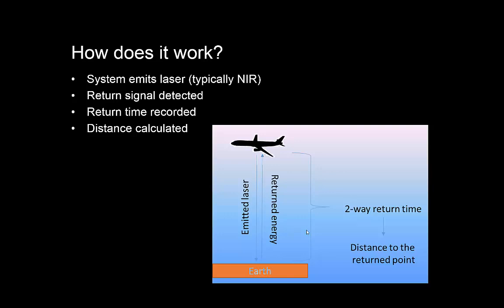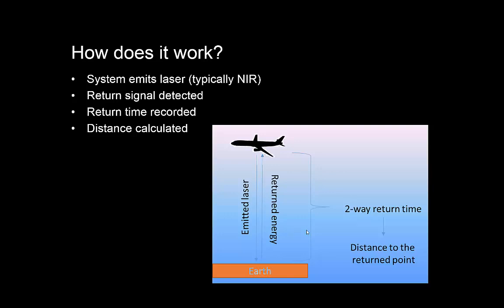Well, basically the system on board the airplane emits a laser in an optical or near infrared wavelength, and in fact on land typically that would be near infrared. And then it basically measures what comes back from the surface.